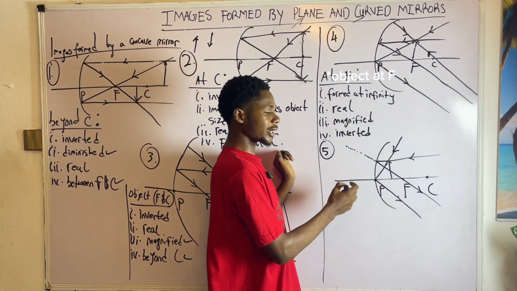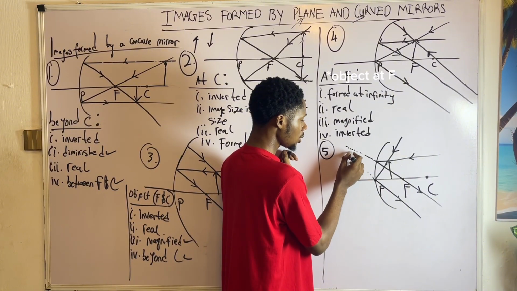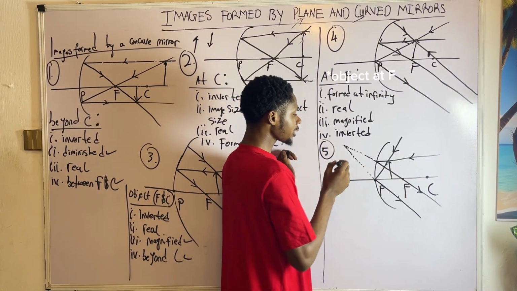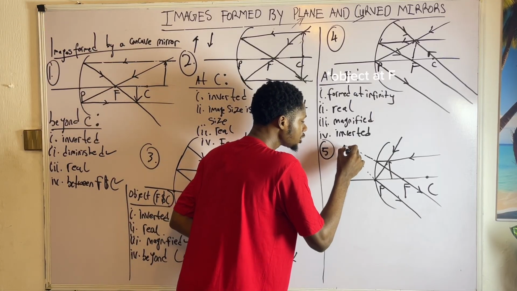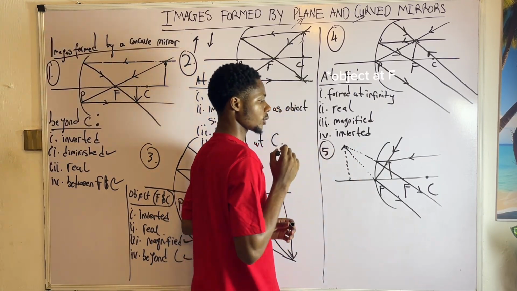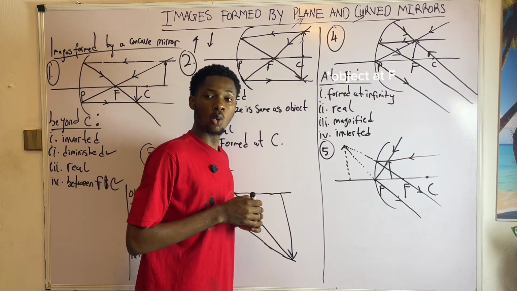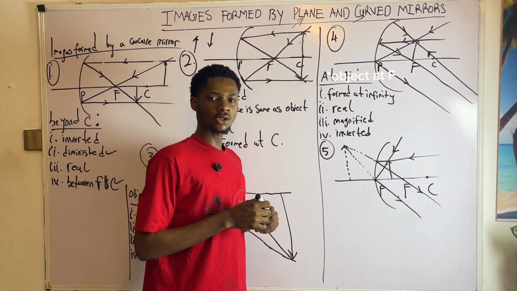Now, after reflecting back the same way, we can trace it. When we trace it, we notice that it intersects this other light ray. For that reason, we're going to form an image here. And the image here, we're going to represent with a broken line. Now, this one is peculiar to concave mirrors. What are the properties of this image?